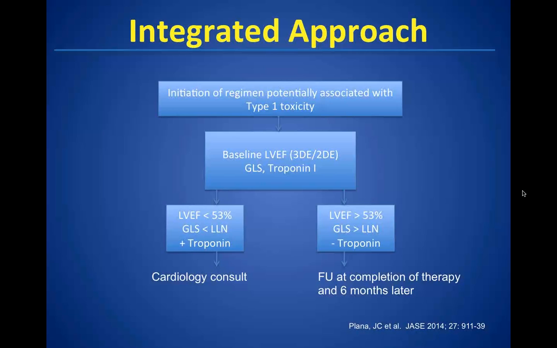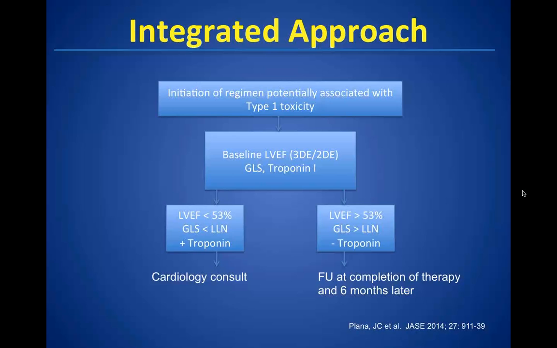At the initiation of the regimen, for example, a patient who comes to you with a doxorubicin regimen, you'd want to get a baseline ejection fraction, if possible a global longitudinal strain value, and a troponin at baseline, and then follow the patient. If there's a decrease in EF to less than 53%, or a global longitudinal strain less than the lower limits of normal, or a positive troponin, consider a cardiology consult.